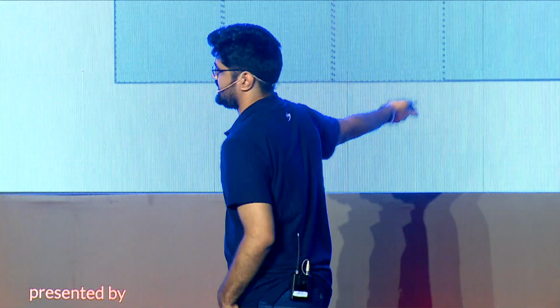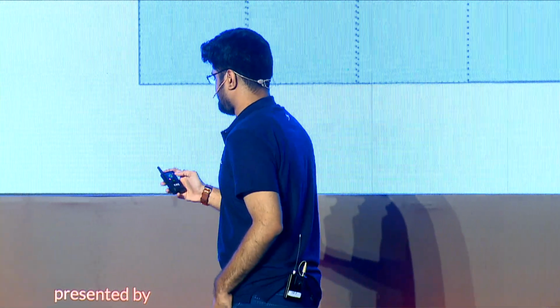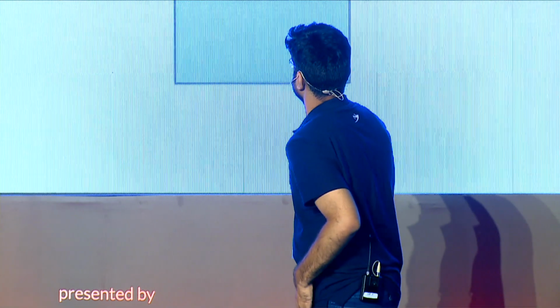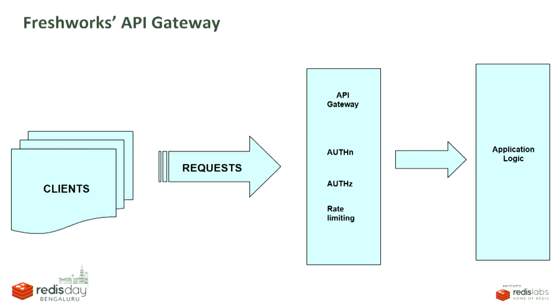And then there is your application logic. As our business grew, we saw benefit in separating all of these authorization, authentication, and rate limiting decisions from the application layer. And that is typically what we call the API gateway today.